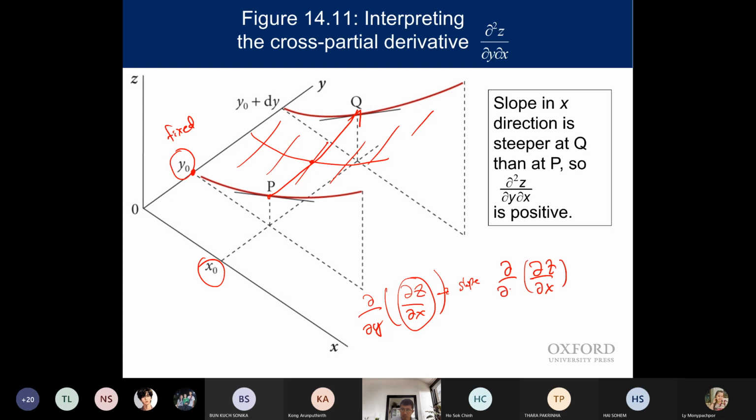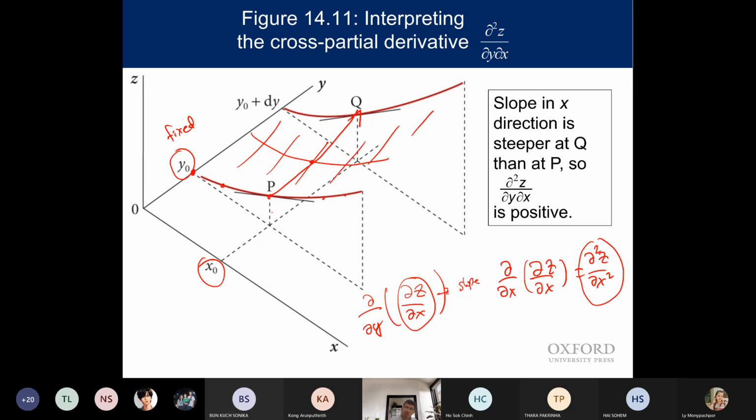If you differentiate with respect to x again, that's going to be the second partial derivative of the function with respect to x. You are still walking along the same curve, but you measure the change in slope in the x direction. But now it's a cross partial derivative.